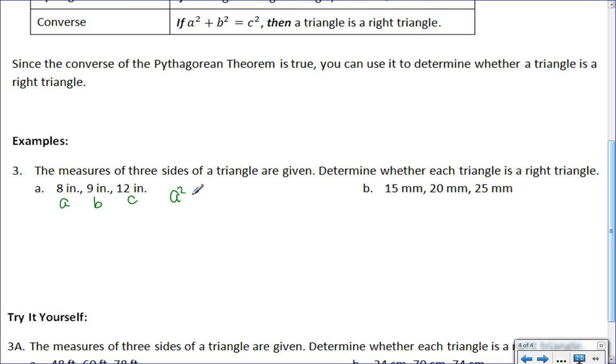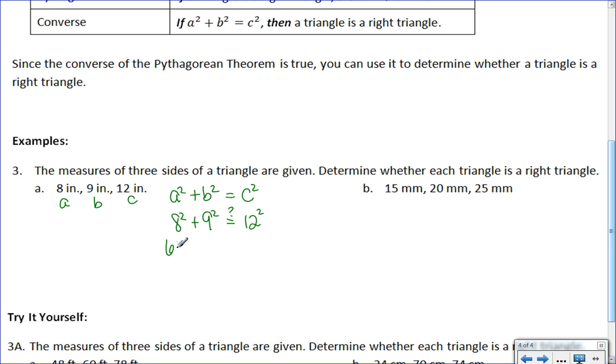So we want to see if a squared plus b squared is equal to c squared. If it's a right triangle, that will be true. If this is not true, then it's not a right triangle. So let's plug in 8 for a, 9 for b. We want to see if that's equal to what we get when we plug in 12 for c.